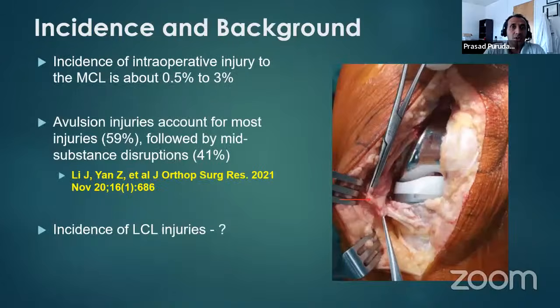The incidence of the collateral ligament injuries has been found to be somewhere between 0.5 to 3% in different studies.